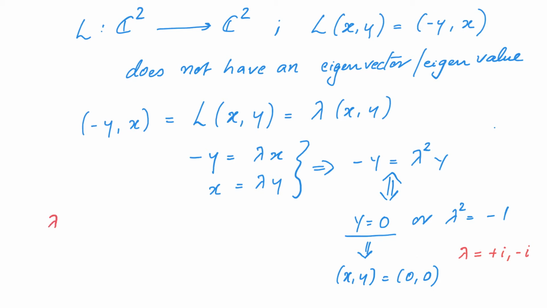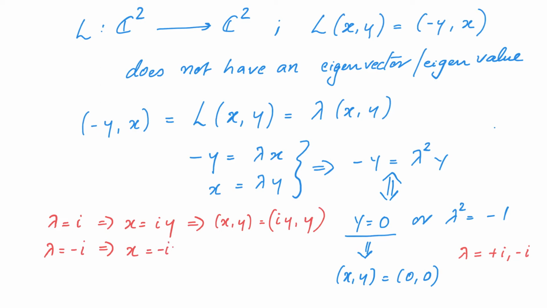Further, if lambda is equal to i, then x is equal to iy. In other words, (x, y) is equal to (iy, y). On the other hand, if lambda is equal to minus i, then x is equal to minus iy, which implies that (x, y) is equal to (minus iy, y).